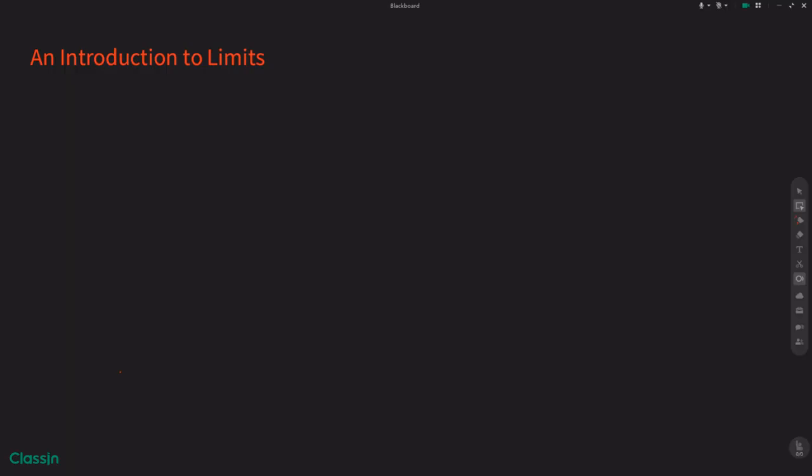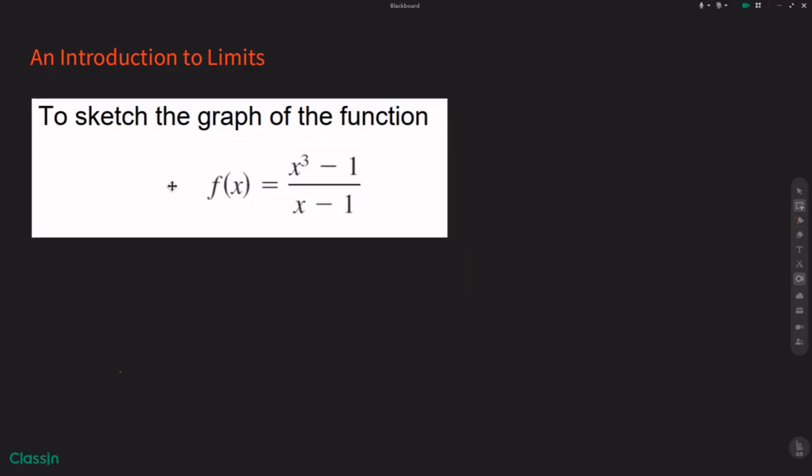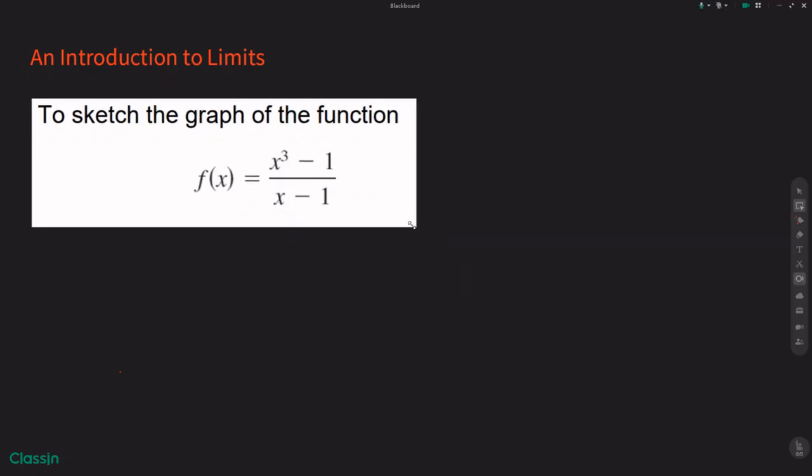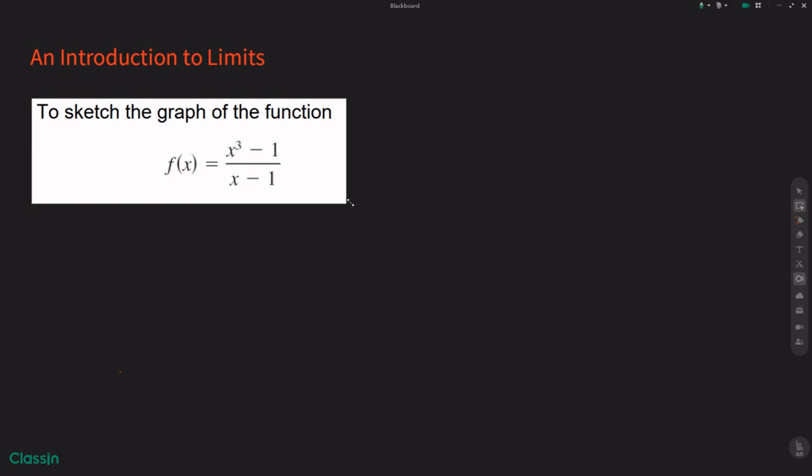All right, let's take a look at this function. f of x is x cubed minus 1 divided by x minus 1. So a typical rational function. So if we want to sketch the graph of this function, what can we do?